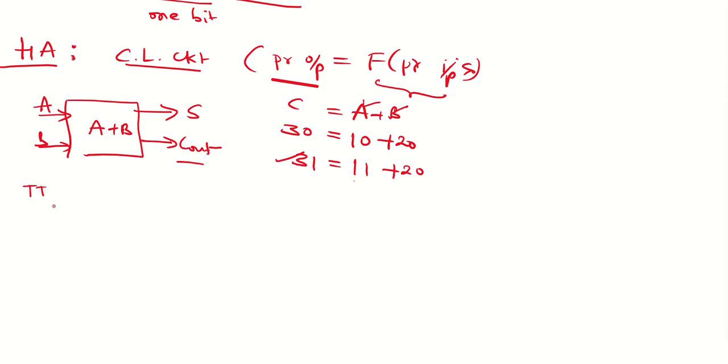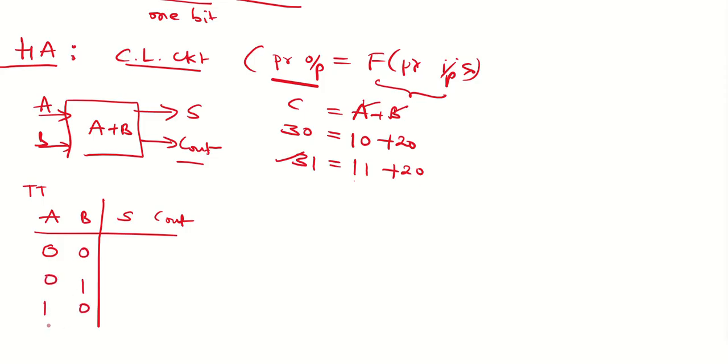Let me denote that it has two inputs A, B, and two outputs, sum and C out. If we take the input combinations 0 0, 0 1, 1 0, 1 1, the outputs are obtained by simply doing the addition process.